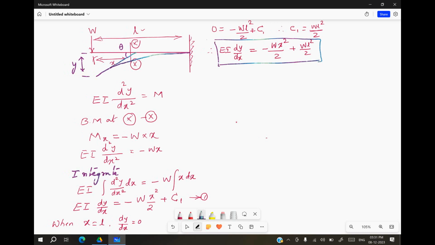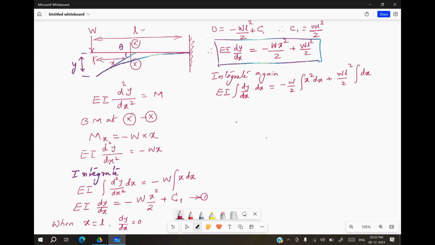Now again I will integrate. EI integral of dy/dx dx is equal to minus W/2 integral of x² dx plus WL²/2 integral of dx.